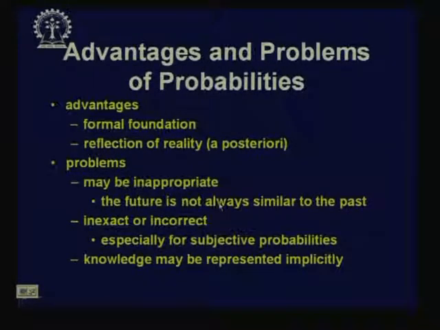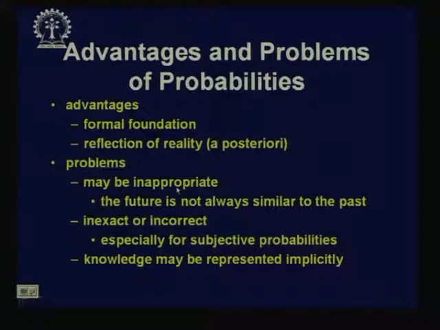So, we are taking a priori probabilities which are based on past information, and we are going to predict the a posteriori probability, that is a futuristic probability, but that is valid as long as the world does not change. But in reality the world is changing, and therefore, this may not always be appropriate, number one.